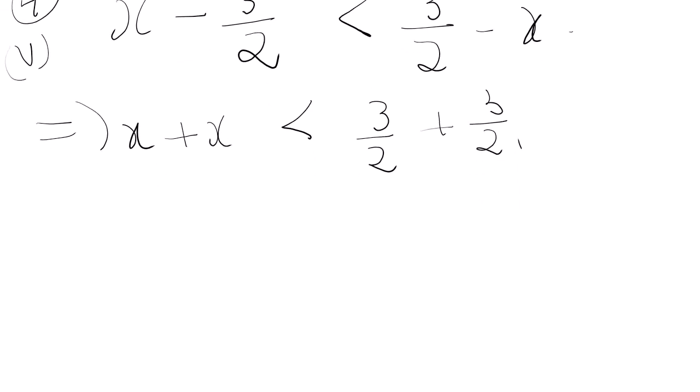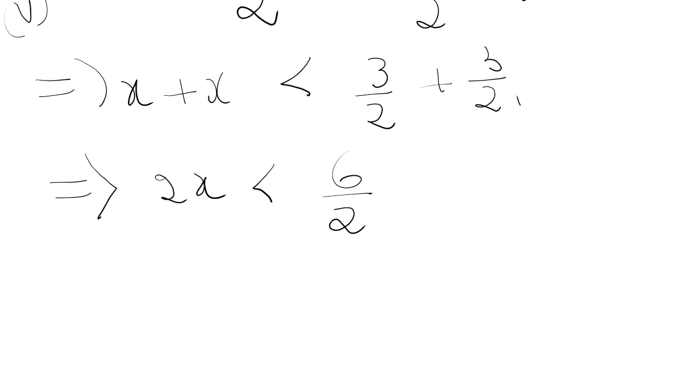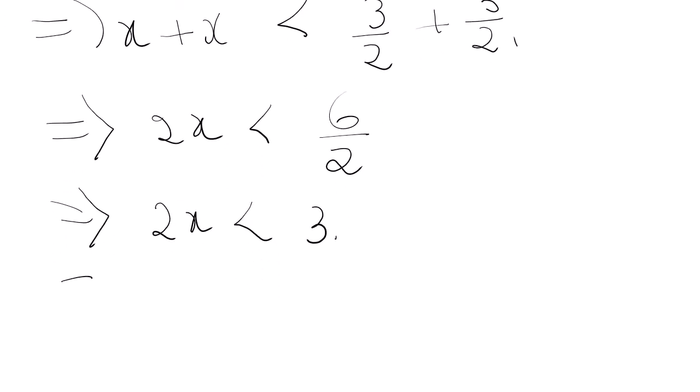So this implies 2x is less than 3 plus 3 is 6, 6 upon 2. So 2x is less than 3. So x is less than 3 upon 2.